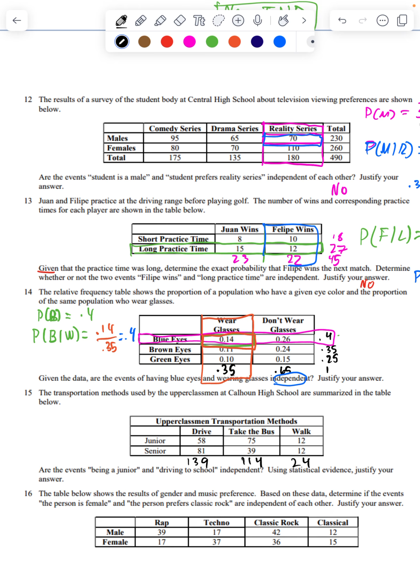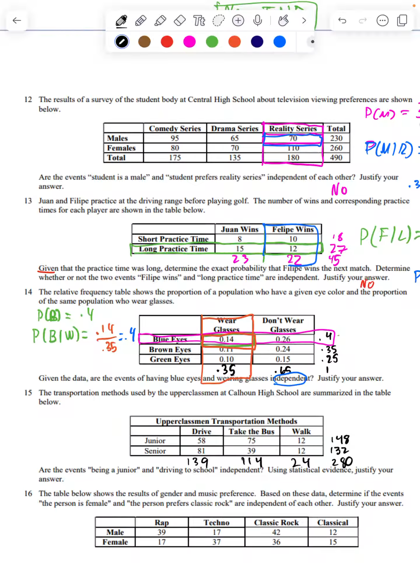All right, and then 58 plus 75 plus 12, 148, and then 81 plus 39 plus 12 should be 132. There should be 280 in total, I think.